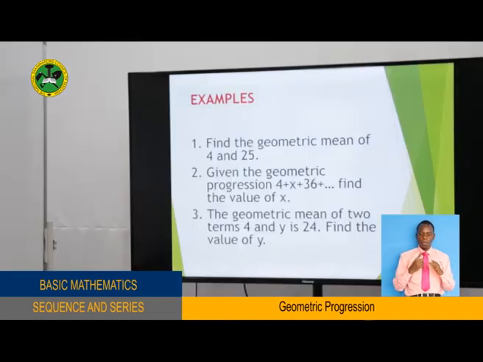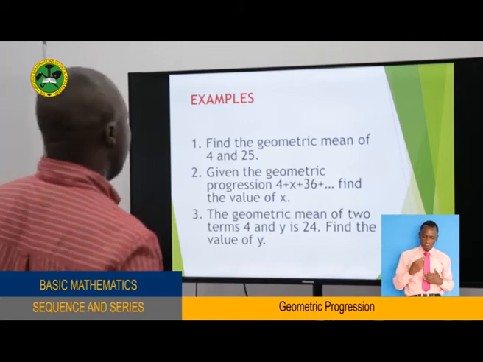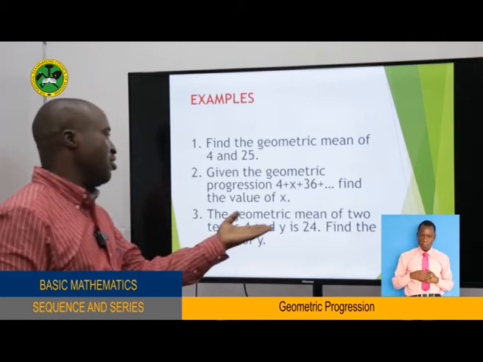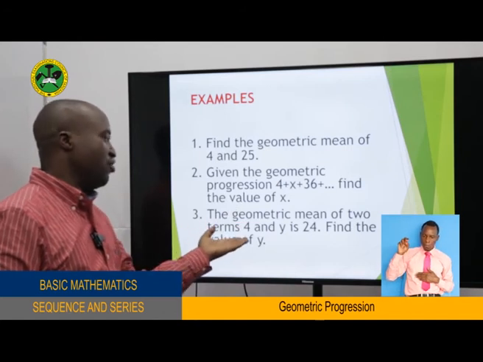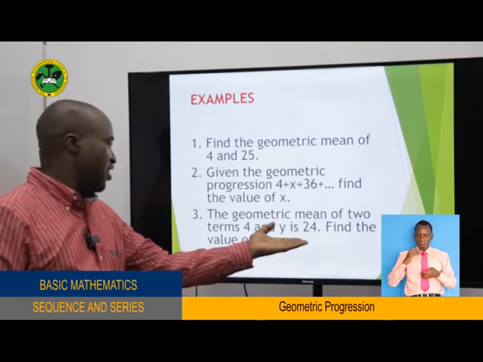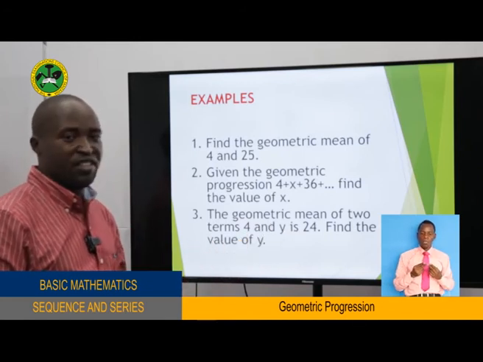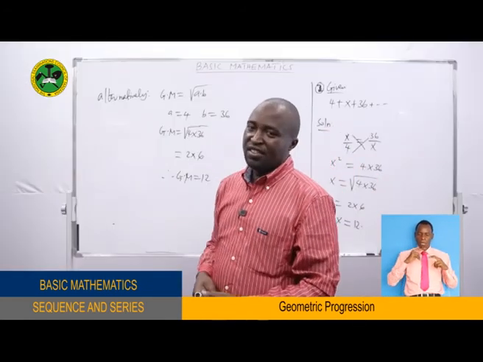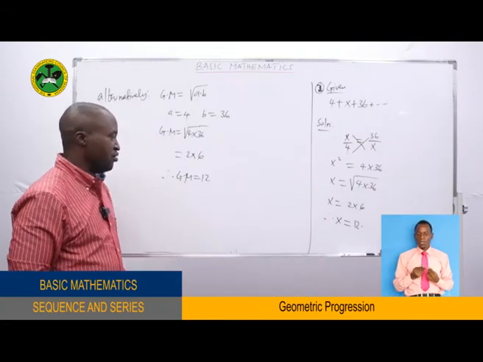Now, the third example: the geometric mean of two terms 4 and y is 24. Find the value of y. That is our last example.